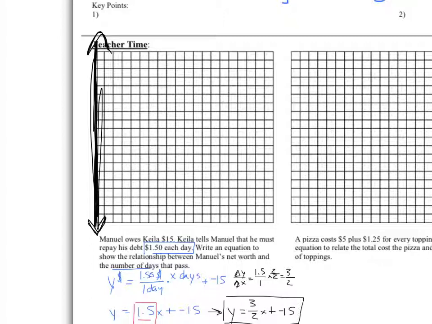For me, I'm going to make my starting point 0, negative 15. So I'm going to count up to find out where my axis should go. So this would be negative 14, negative 13, negative 12, negative 11, negative 10, 9, 8, 7, 6, 5, 4, 3, 2, 1, and 0. So my axis looks like it should be right here.